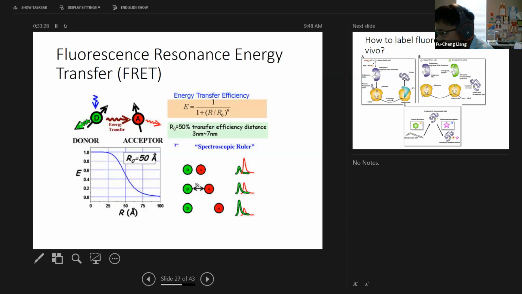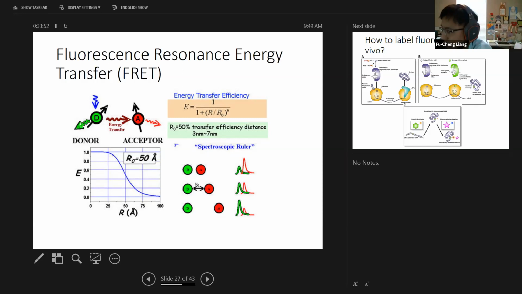So if the donor and acceptor are at a close distance, you can see the acceptor signal, which is the red color one, has a very, very high signal. As compared to when the donor and acceptor are far away, then you can see the red color peak has decreased, and the green color one has increased. Basically, this is the energy transfer happening between the donor and acceptor dye. And then people usually report the R0.